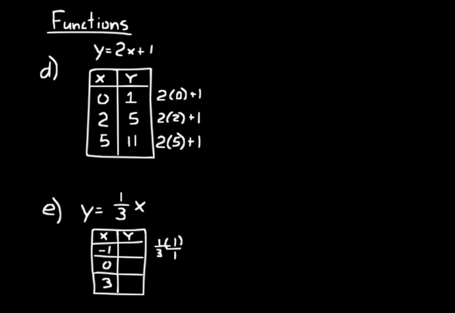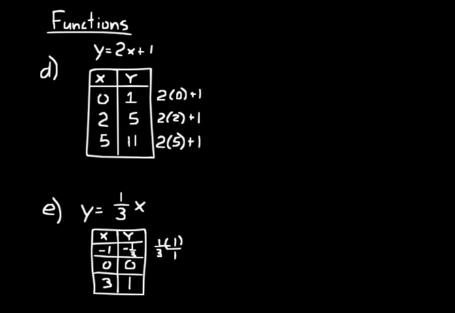And that would be -1 over 3, or minus 1/3. Then we have 0. 1/3 times 0 would just be 0. And then 1/3 times 3, hopefully you can figure out, that would just equal 1. The given values of x are the input values for the function. The function itself is 1/3 x, and the output is the y values.